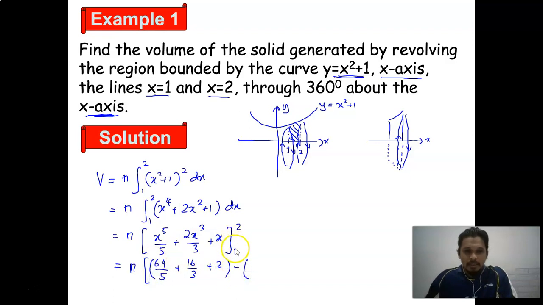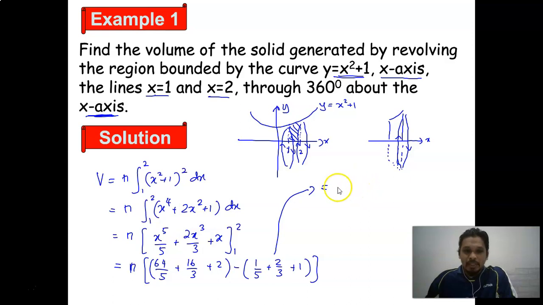Minus, and substitute all the x's with 1: 1 over 5 plus 1 cubed times 2 equals 2 over 3, plus 1.